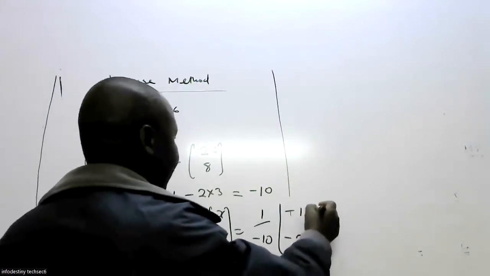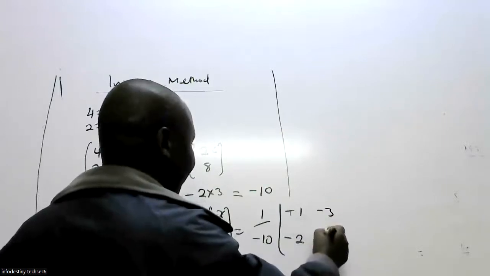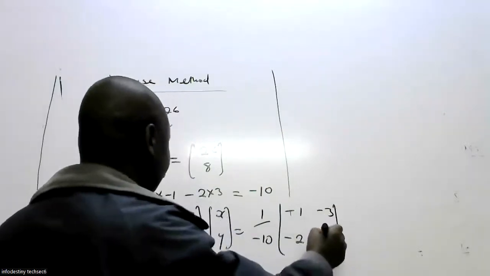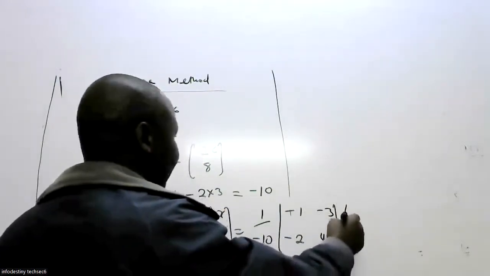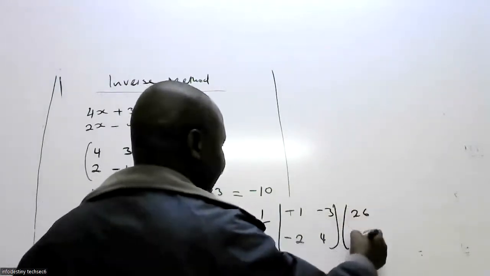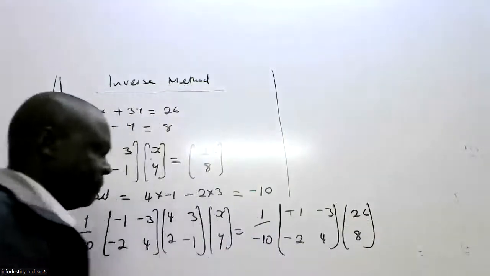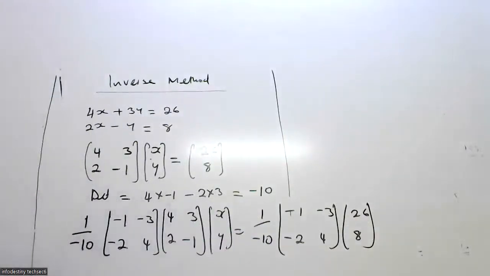Then negative 3, 4 together. That's going to be, we open the bracket, 26 and 8 together.